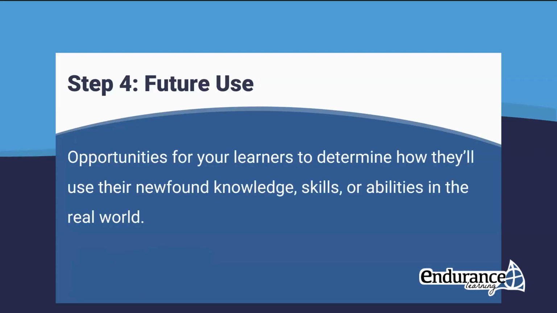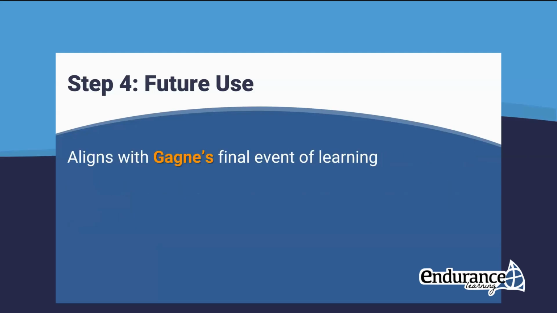Finally, the fourth step here is future use. And these are opportunities for learners to determine how they're going to use this information actually in the real world. This aligns with Robert Gagne's final step, which is enhance retention and transfer. It's really important because no matter how important we think our information is, maybe it's a new policy that people must follow. Maybe it's something that we just know in our heads because we have so much experience.